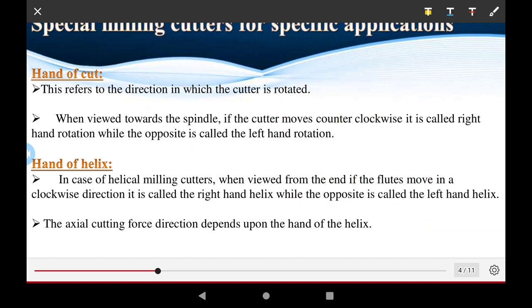The hand of helix in case of helical milling cutters: some helical milling cutters are used when, viewed from the end, the flutes move in the clockwise direction, and the helix also moves in the clockwise direction.